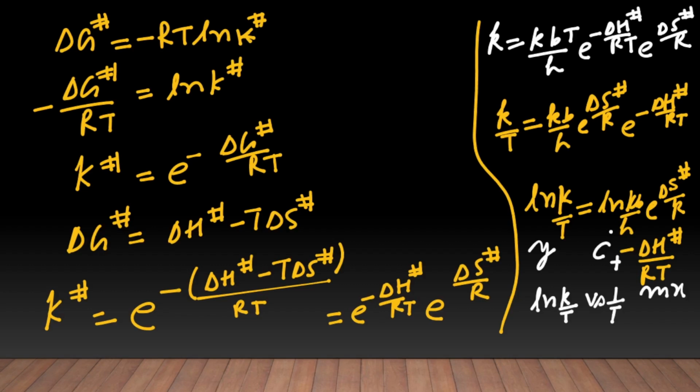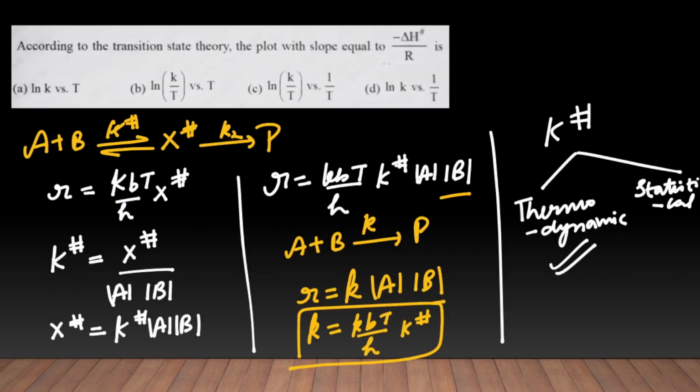So the slope value we are getting is minus delta H dash upon R, and this is what we had to calculate. That is, by making a plot of natural log of k by T versus 1 by T, I will be able to find the value of minus delta H dash upon R. So the answer becomes option C in this case, right?